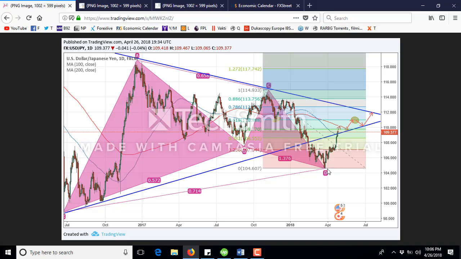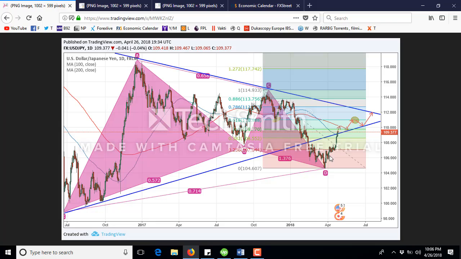If you obviously want to buy it here, you buy where you identify the low from the candlestick formation. You put your stops below this target, so let's say 104. You cannot buy obviously at 104.60 because you don't know if that's a bottom, but ideally you will be buying here at 104, close to 105, and then you look for a test of the inside part of the trend line.